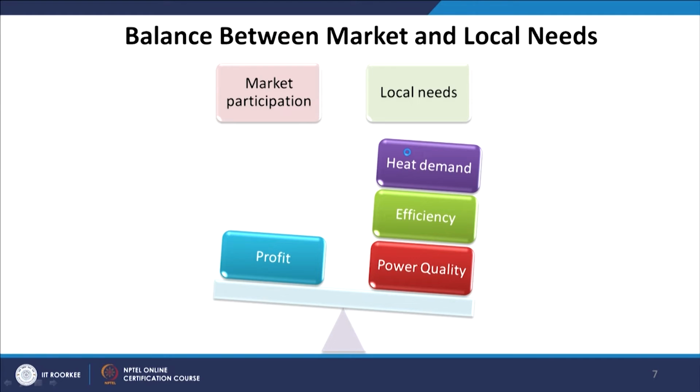Now, to balance the market and the local need, because the market is expected to have a lot of profit, whereas the consumers expect high heat demand, efficiency and good power supply. So, there is a local need as well as a market need, and those two need to be matched simultaneously.